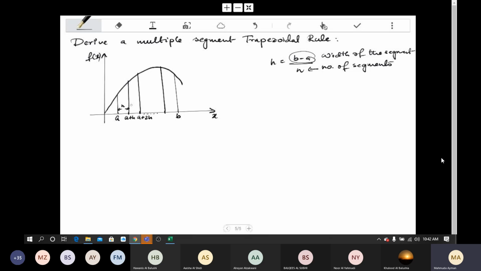The distance between these two segments is also h, right? So we continue doing this in between. We draw more segments up till how many we want or is given in the question. And then the one before the last one, you can write as a plus n minus 1 times h, right?